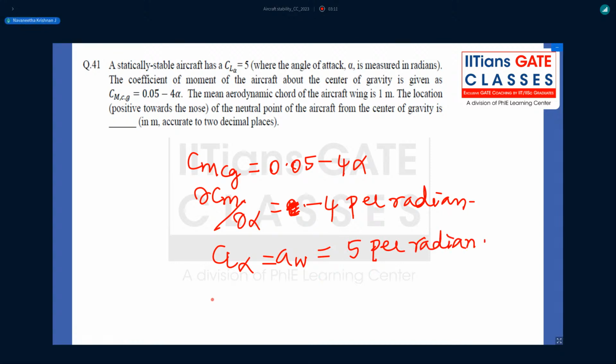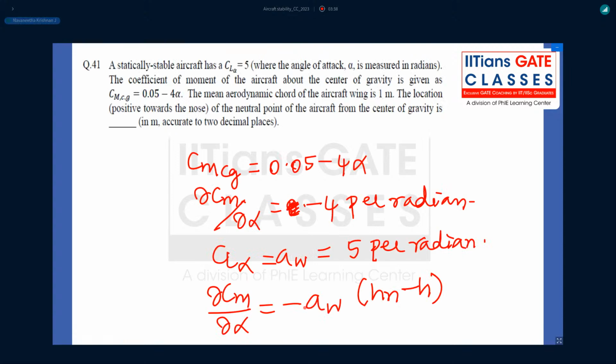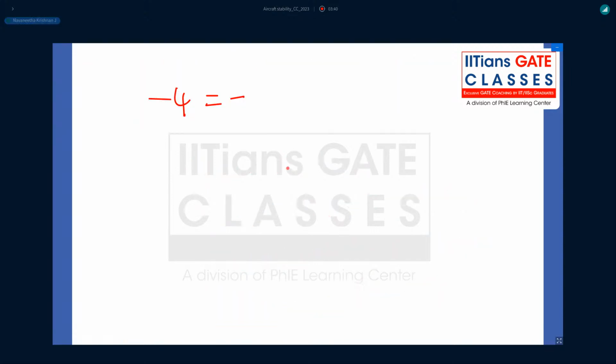We know that dou Cm by dou alpha for an aircraft is given as minus AW into Hn minus H. Dou Cm by dou alpha we already got, minus 4. AW is 5, so minus 4 equals minus 5 into Hn minus H.